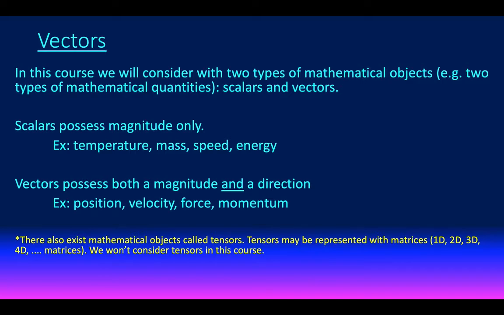That is somewhat of an ambiguous way to define what a tensor is. One way of thinking about a tensor is that not all matrices are tensors, but all tensors can be represented with matrices. A matrix is a list of entries with rows and columns, sometimes more than that. But in this course, we're not going to consider tensors. A scalar and a vector, though, are some examples of types of tensors.